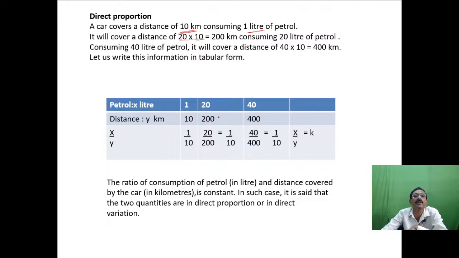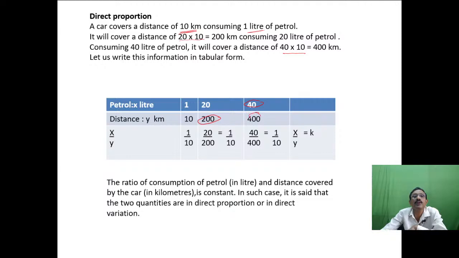So this 200 has come here. Now if the same car consumes 40 liters of petrol, then how much distance will it cover? So 40 into 10 gives me 400.